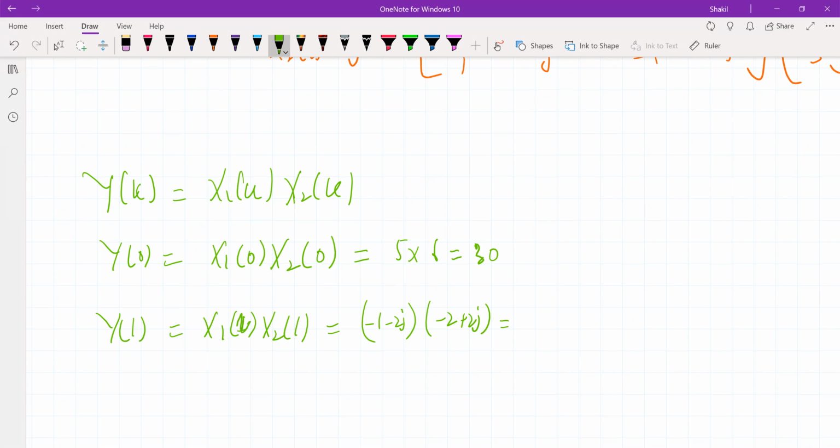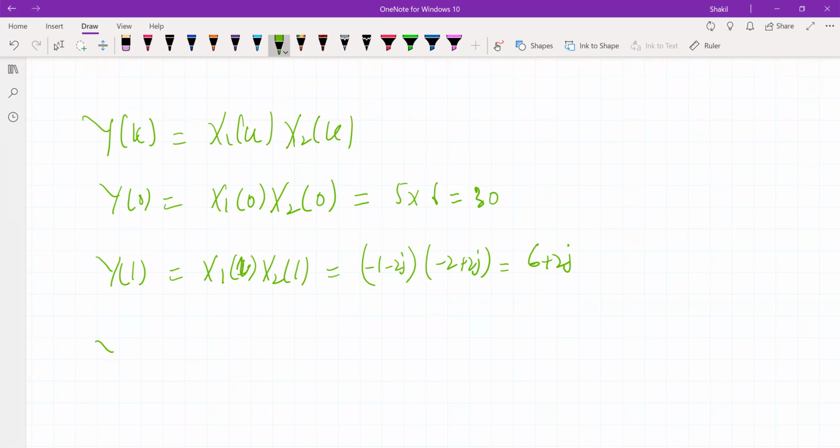I think, how much is the answer? It will be 6 plus 2j, yes, the answer is 6 plus 2j, please check it. And then Y of 2, put k equal to 2, so this will be X1 of 2 times X2 of 2. If you multiply the corresponding terms it is 1.